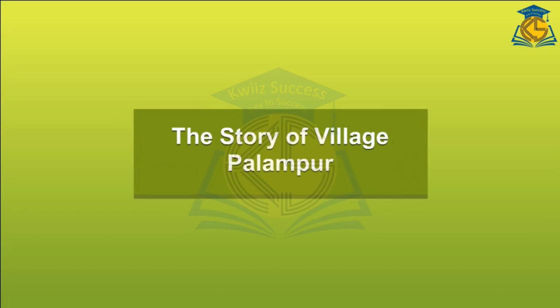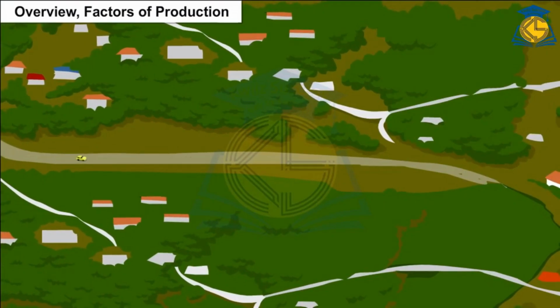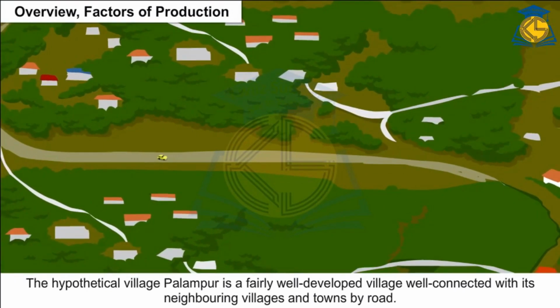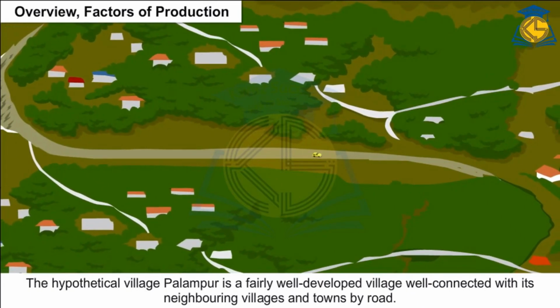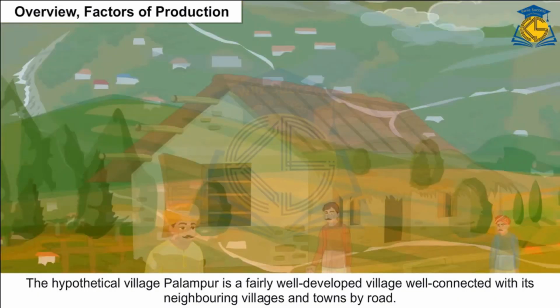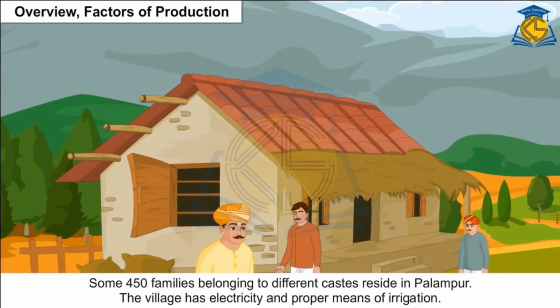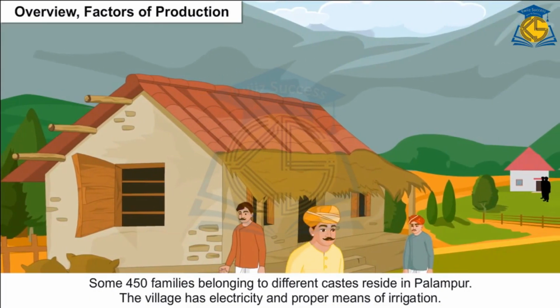The story of village Palampur. Overview. Factors of production. The hypothetical village Palampur is a fairly well-developed village, well connected with its neighboring villages and towns by road. Some 450 families belonging to different castes reside in Palampur.